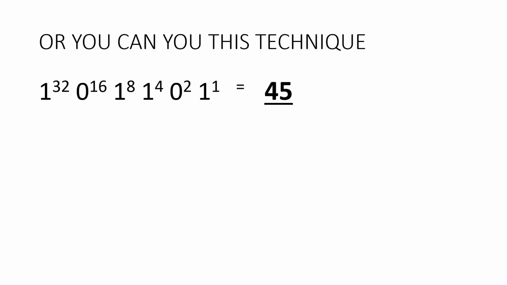After 2 is 4. After 4 is 8. 8 times 2 is 16. 16 times 2 is 32. Always multiply by 2.